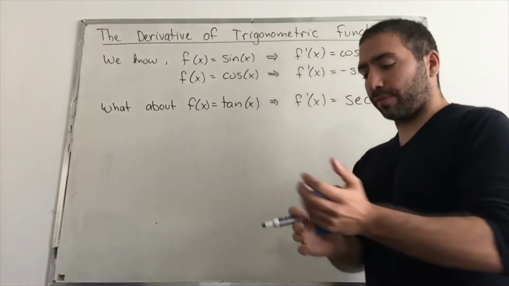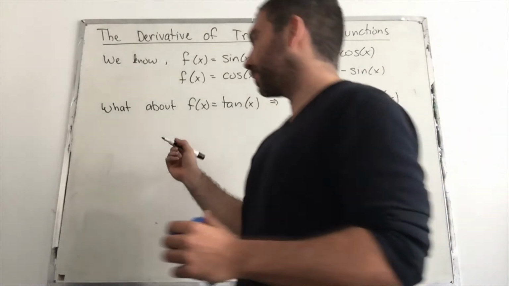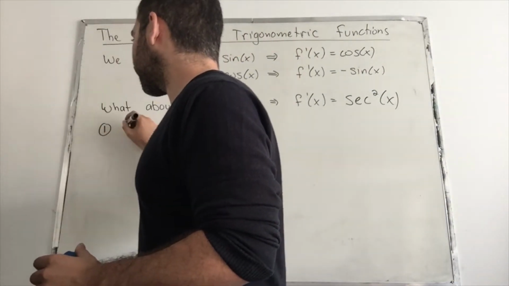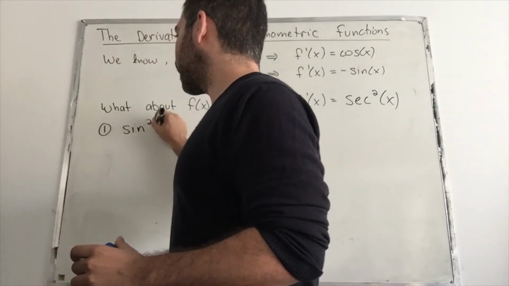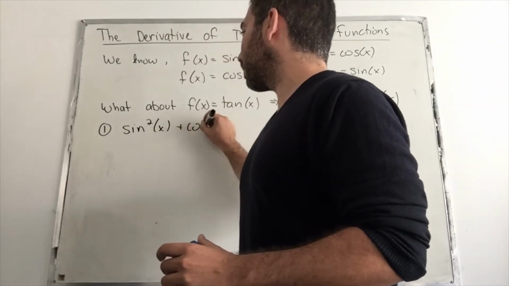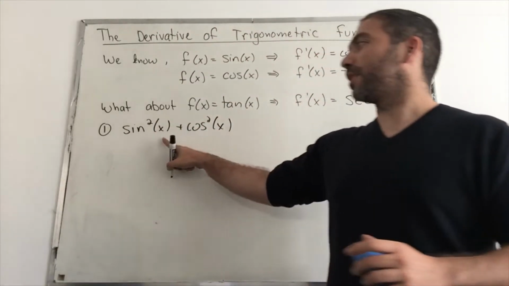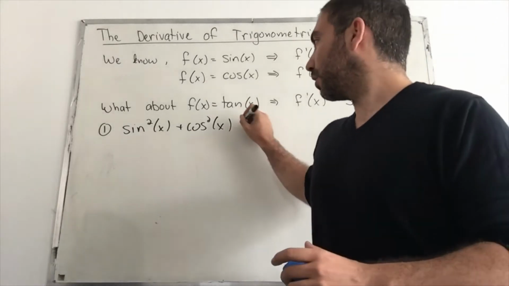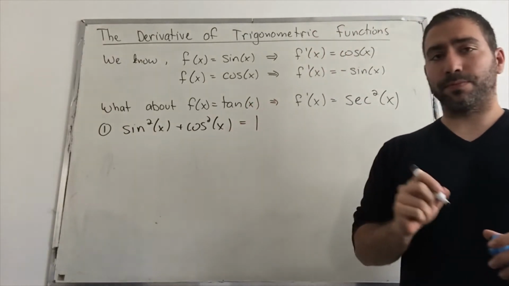A couple of properties that we have to recall in order to prove this. First, sine squared of x plus cos squared of x. This is a very famous property, you guys have to know this. It's equal to 1.